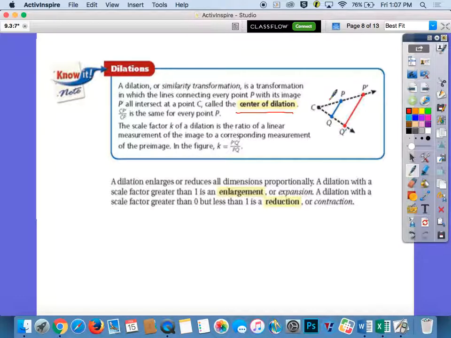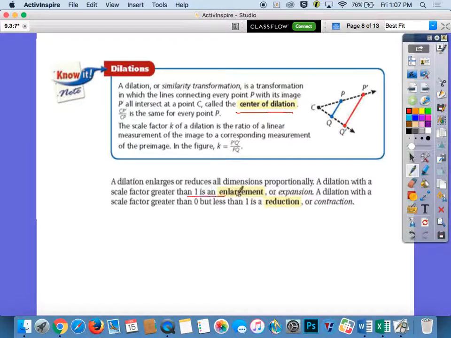So basically that's where your similarity ratio is coming in. Your scale factor here is going to be this over this. Your similarity ratio is PQ over P prime Q prime. Just a little bit of a mathy way of saying what we've already said before.